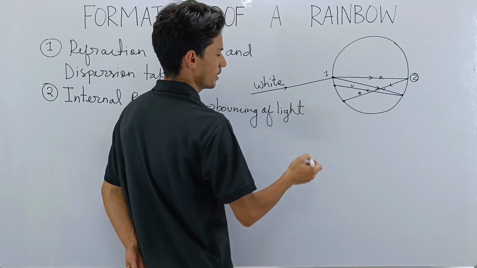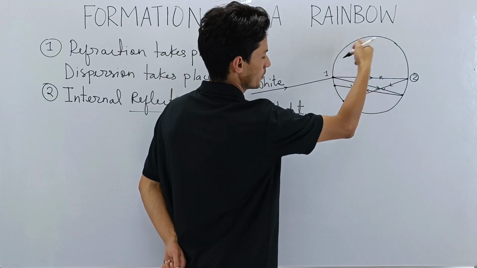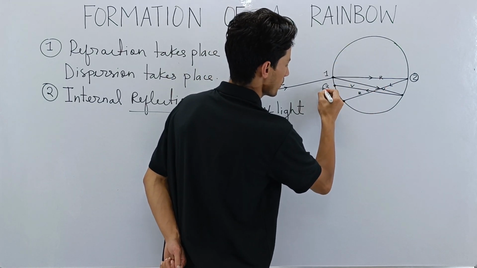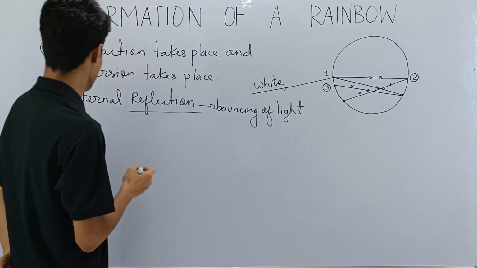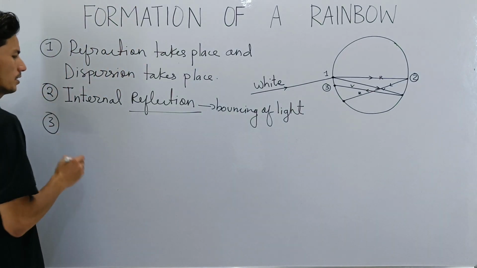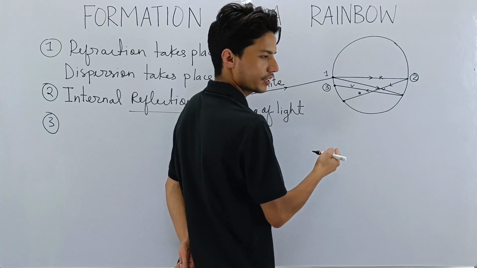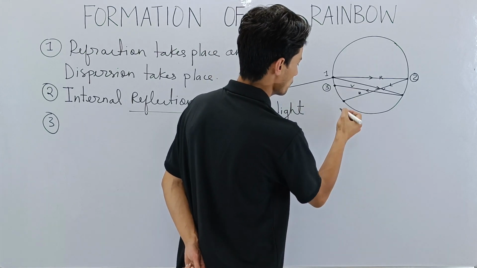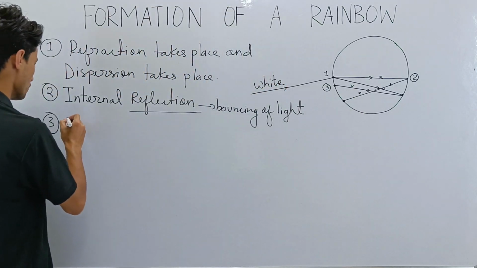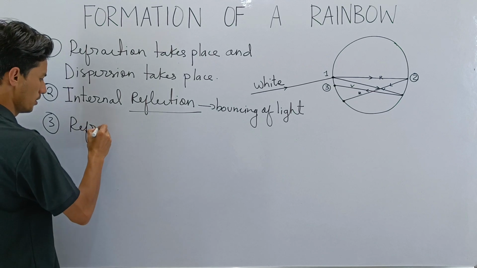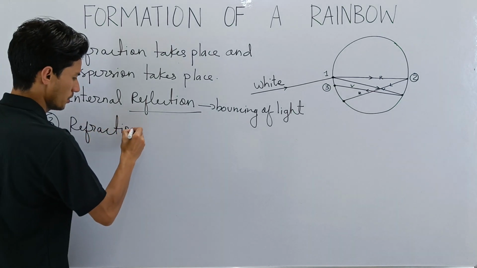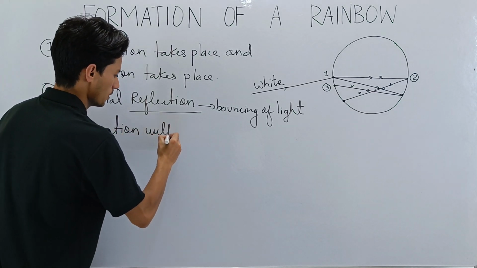Again on this surface of the raindrop, point number 3. Here what will happen again? Here refraction will take place. At point 3, refraction will take place.